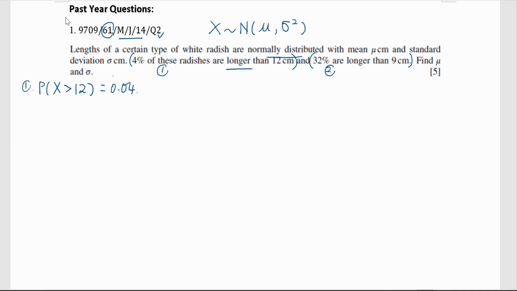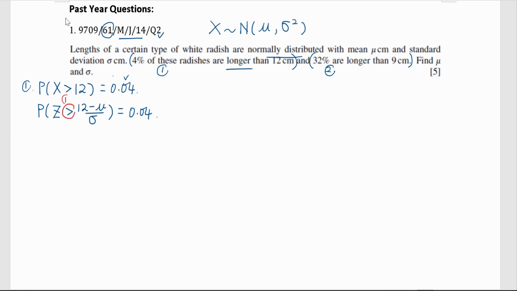Okay, so again, when you are given a probability, you have to use the normal distribution table in reverse. And the first step is still standardization: 12 minus the mean over the standard deviation. Two pieces of information, like I mentioned just now.